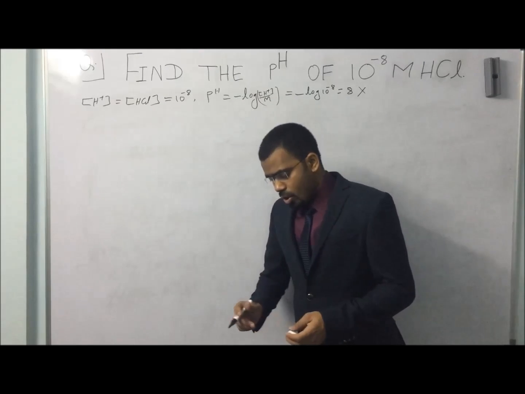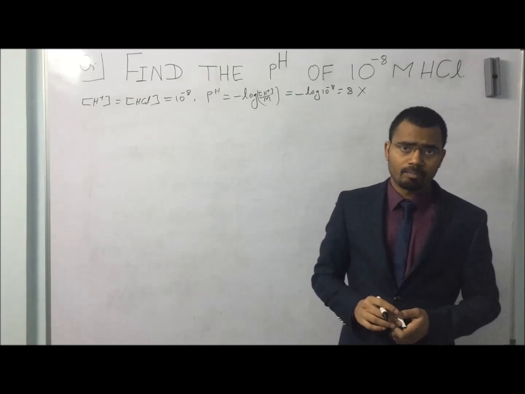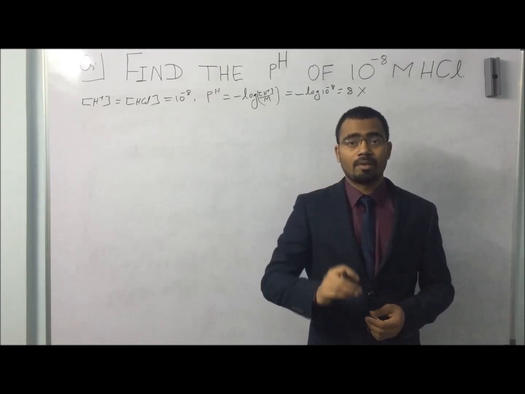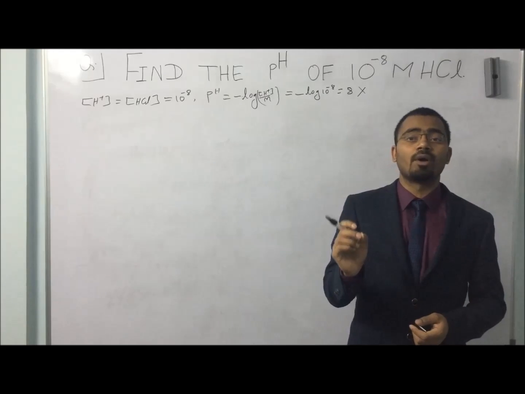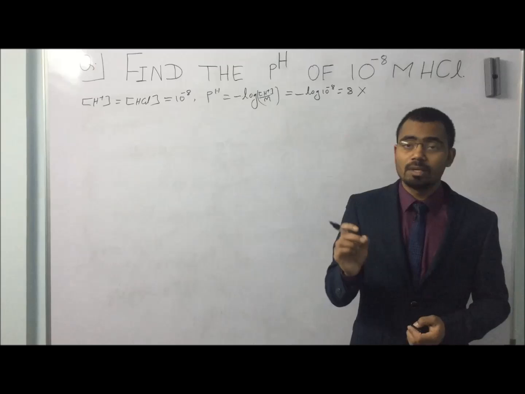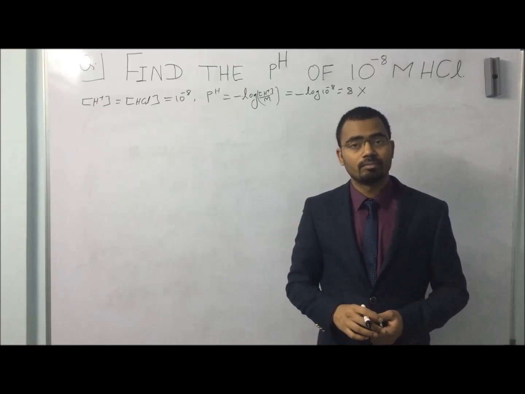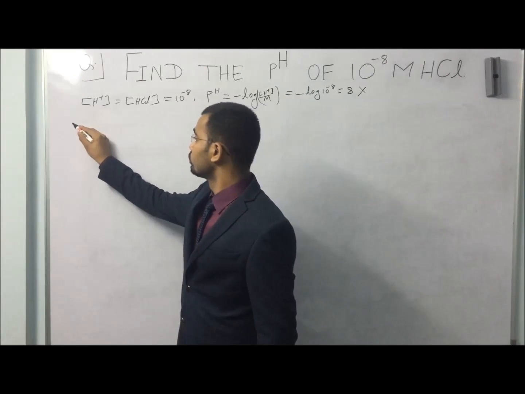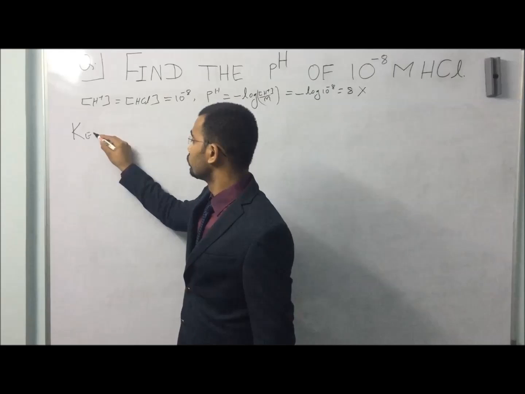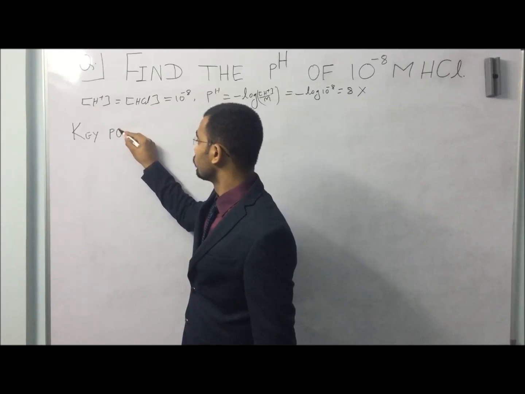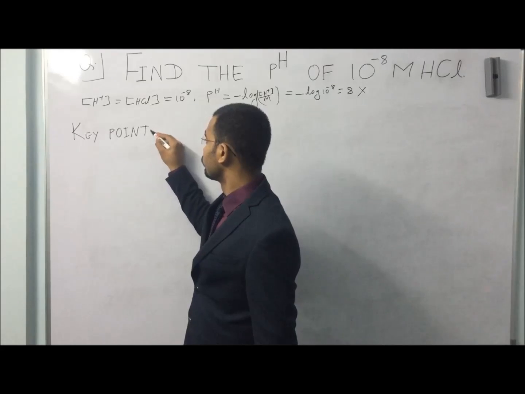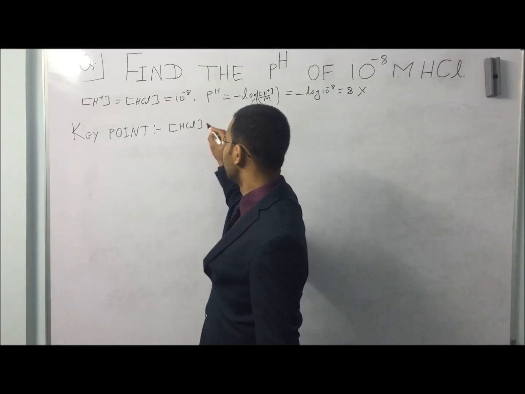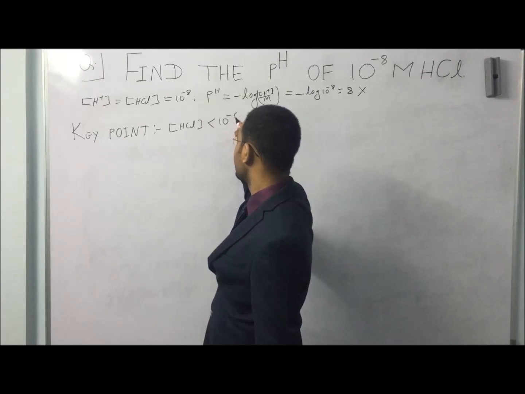So, my dear student, whenever you are going to solve any problem, the first step is you have to decide the key point of the given question. So here the key point is the concentration of HCl is less than 10 raised to minus 6.